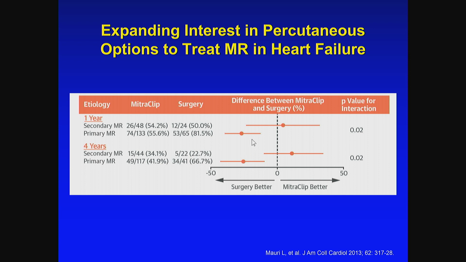However, in those patients with secondary mitral regurgitation, there was no difference between the clip and surgery. But importantly, there was a positive p-value for interaction, highlighting the fact that there can be therapeutic differences in primary versus secondary MR that justifies the elucidation of whether it's a valve problem or a ventricular problem leading to the regurgitation in the first place.